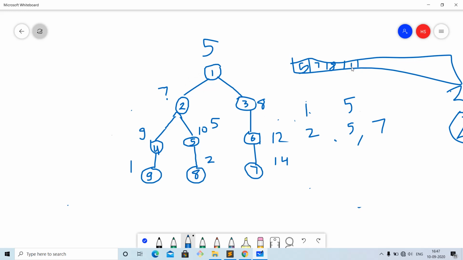The GCD will still be 1. And vertex 5 is very interesting, because the GCD of 5, 7 and 5 is 1, but you have the privilege of dropping one vertex. So we will drop the vertex with 7, and our GCD will be 5.